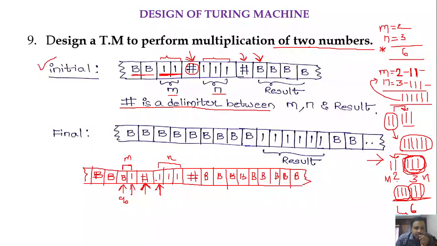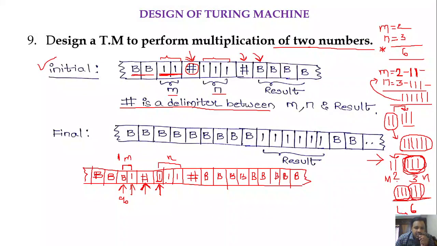Whenever we point to the n portion of the input, we have to start copying the n input into the result portion. We have taken the first one in m, and for that one we have to copy the n value, that means three ones, into the result portion.